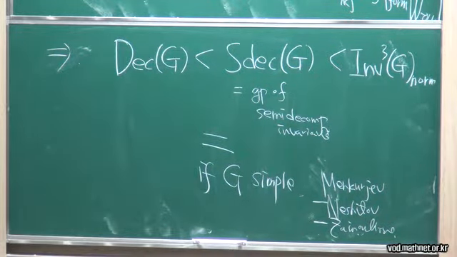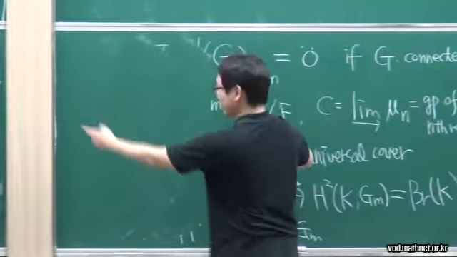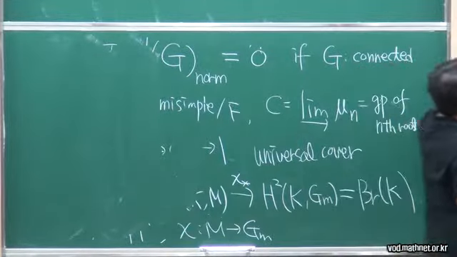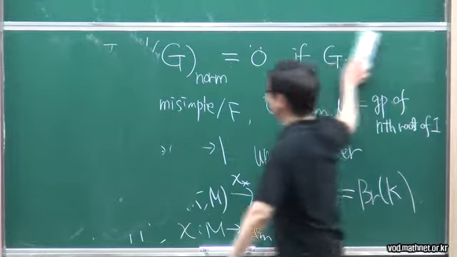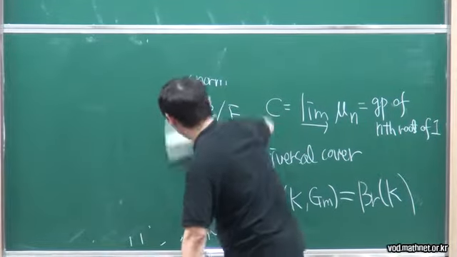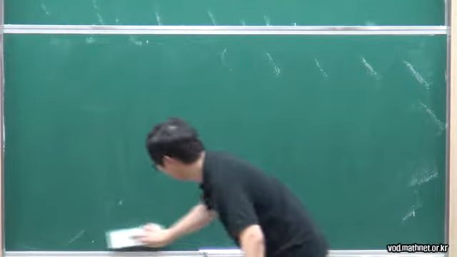And this example, SO4, is a semi-simple group. And in their paper, this example is mentioned, and so far this is all known semi-simple semi-decomposable invariants.